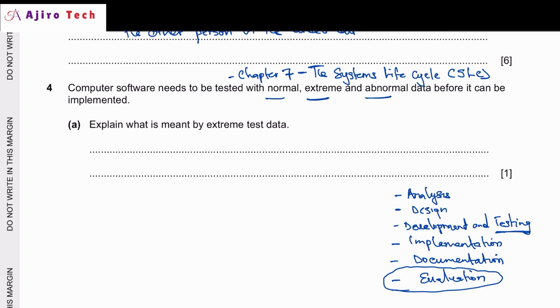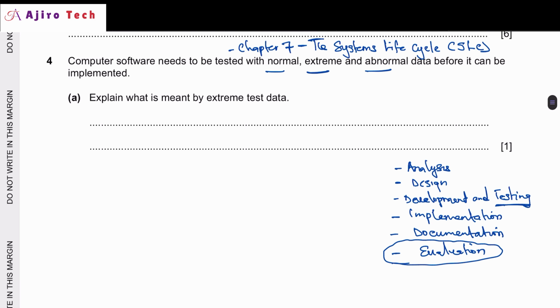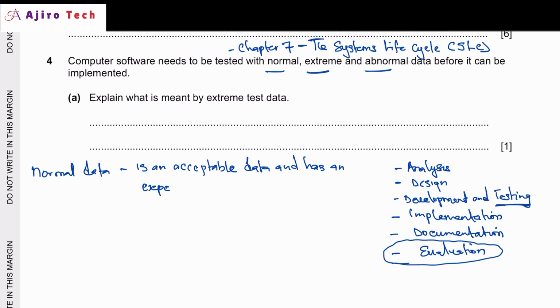When we talk about normal data, it simply means acceptable data that has an expected or known outcome.